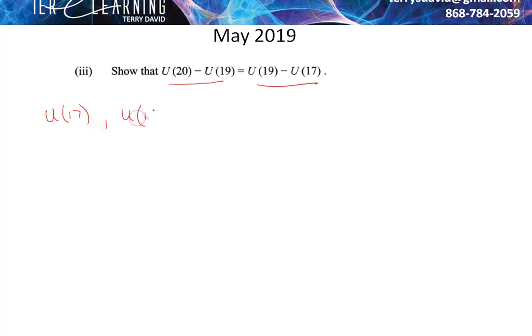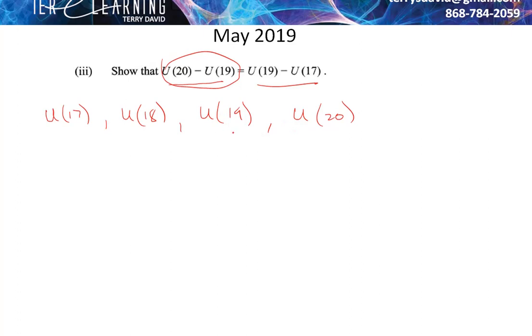After 17th term will be my 18th term. After my 18th term, I'm going to have my 19th term, right? Now, and after my 19th term, I'm going to get my 20th term. So they want us to show that U20 minus U19 is equal to U19 minus U17.